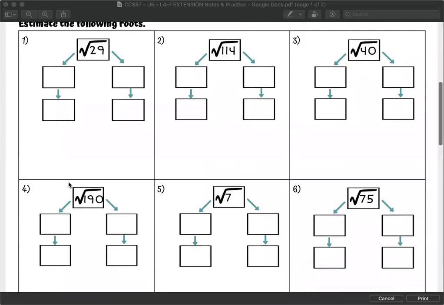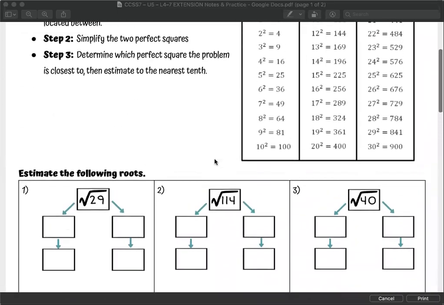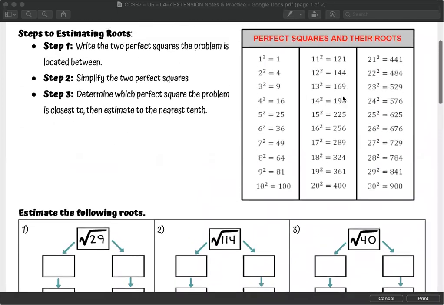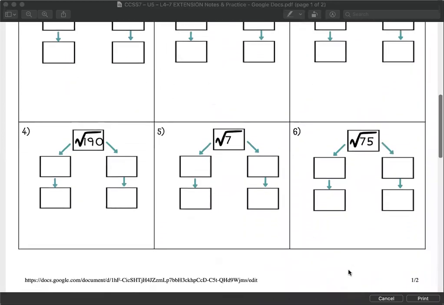All right, next one, we got 190. Looking at my chart, that falls between 169 and 196. So my square root of 169 and my square root of 196. The square root of 169 is 13. The square root of 196 is 14.